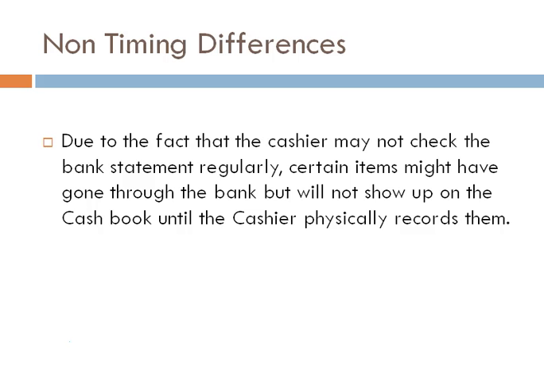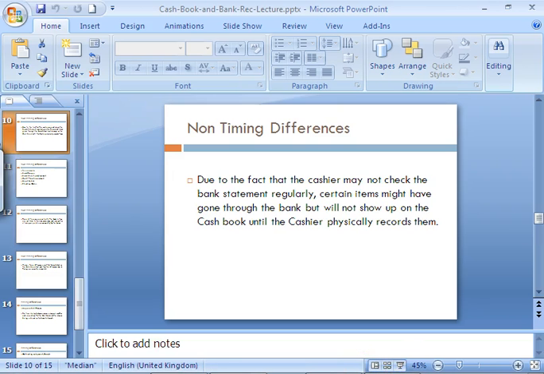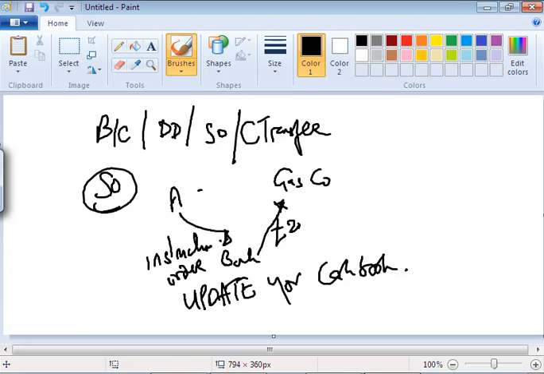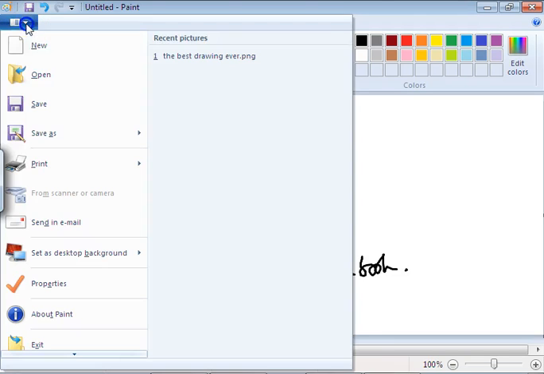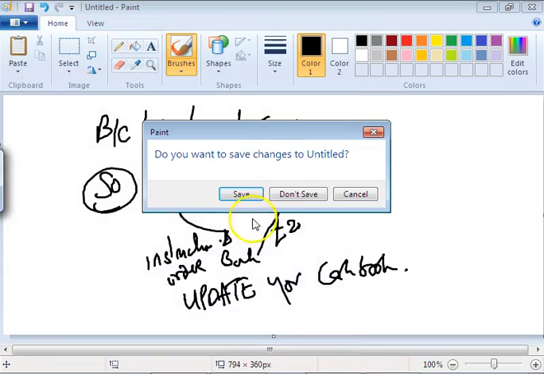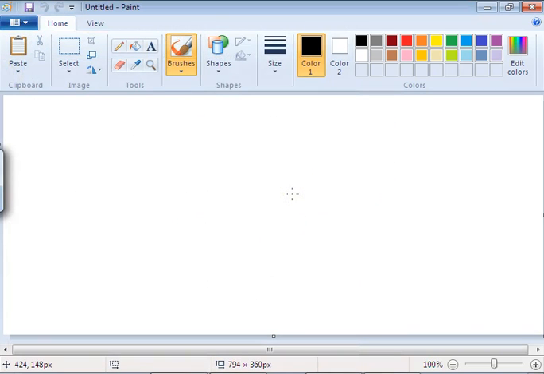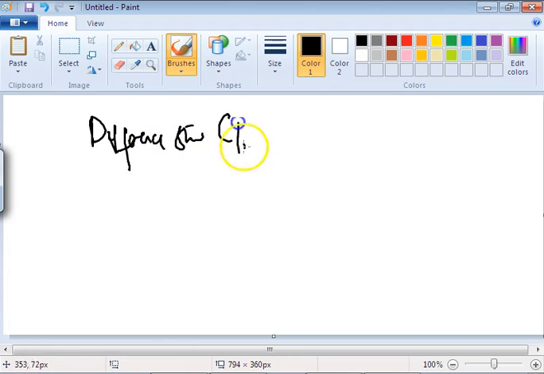Right, let's just summarize clearly what's going on here with non-timing differences, to make sure there are no mistakes. We agree that we could have a difference between our cash book and our bank statement.